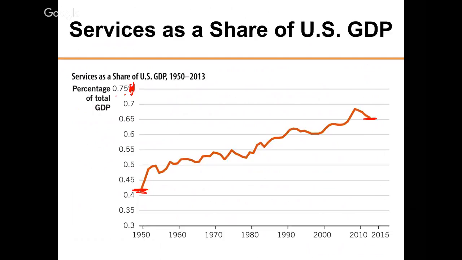This should be 65%. So right now the service component accounts for over 65% of the economy, so most of the US economy comes from services. Anything from your lawyers, doctors, psychiatrists, and tailors is providing a service for us. That's a huge part of the economy, and that's the reason why the US is the number 2 economy in the world.